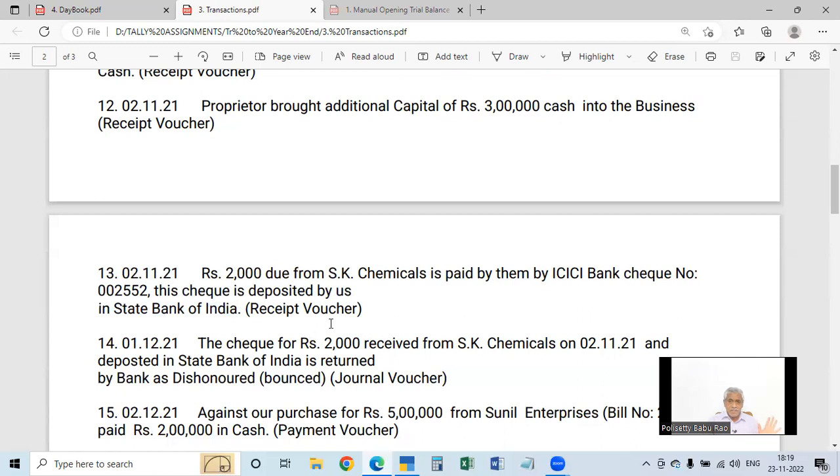Our bank is State Bank, but we received a check on which bank? From ICICI Bank. That you have to give inside. It will not be available if you just enter. If you click space bar or escape, on the right side it will show the details. There, specify bank name. So click that and give the name ICICI Bank. It will accept, and Control A or enter.